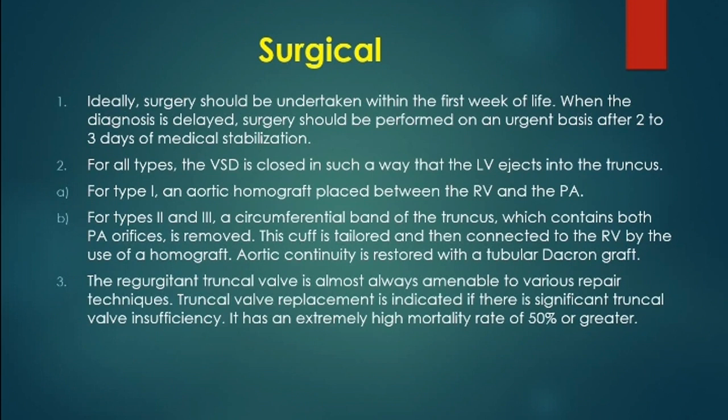The truncal valve should also be repaired, and if repair is not successful, the condition may end up with truncal valve replacement, which carries a risk of mortality of up to 50%.